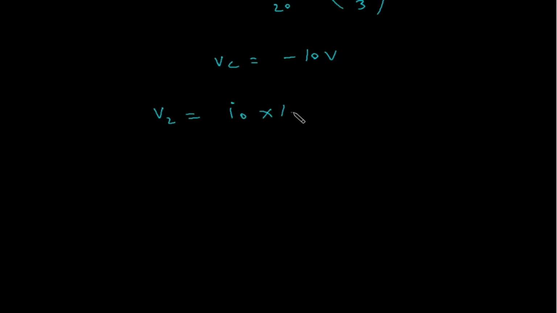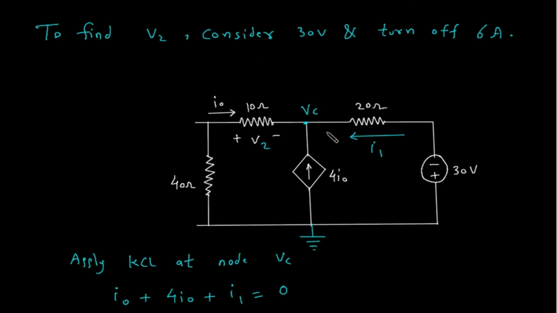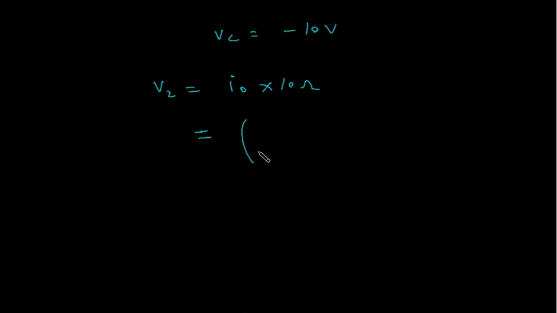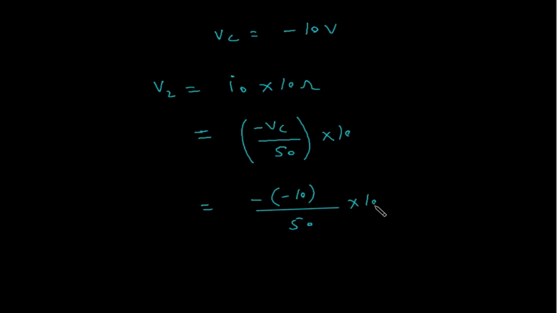Now Io is 0 minus Vc by 50, into 10. So Vc is minus 10, so minus of minus 10 by 50 into 10.